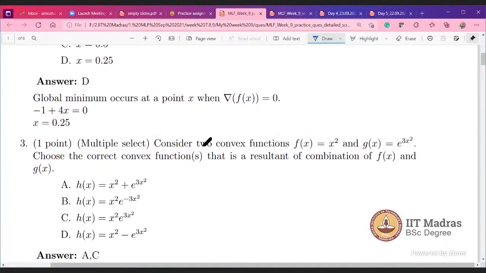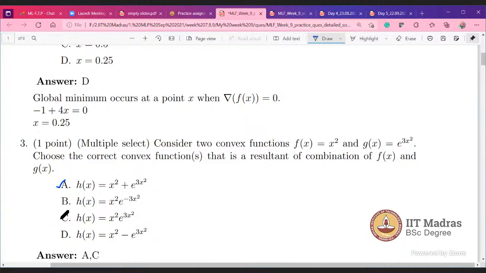Okay. So we have two convex functions, f of x equal to x square and g of x equal to e power 3x square. We have to choose which is the best combination. What are the possible combinations that we have seen in our lectures? The sum is definitely convex. So h of x, that is x square plus e power 3x square, is also a convex function. And when you multiply two convex functions, x square multiplied by e power 3x square, that will also be a convex function.